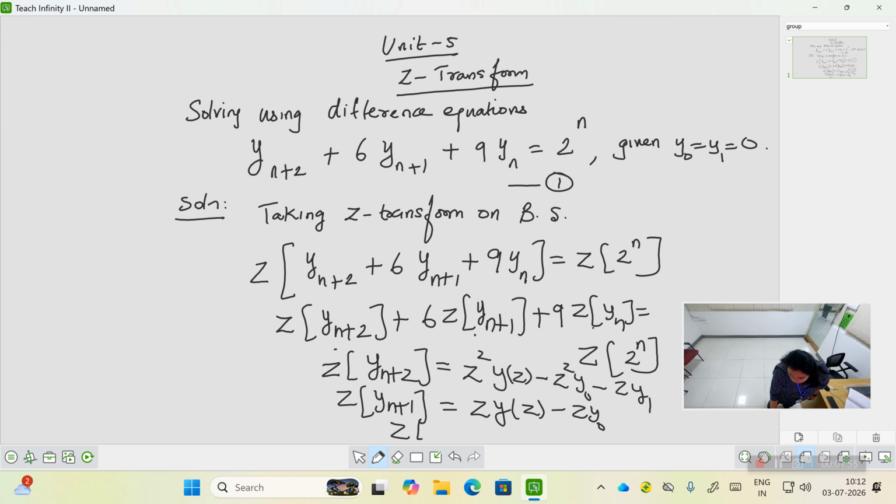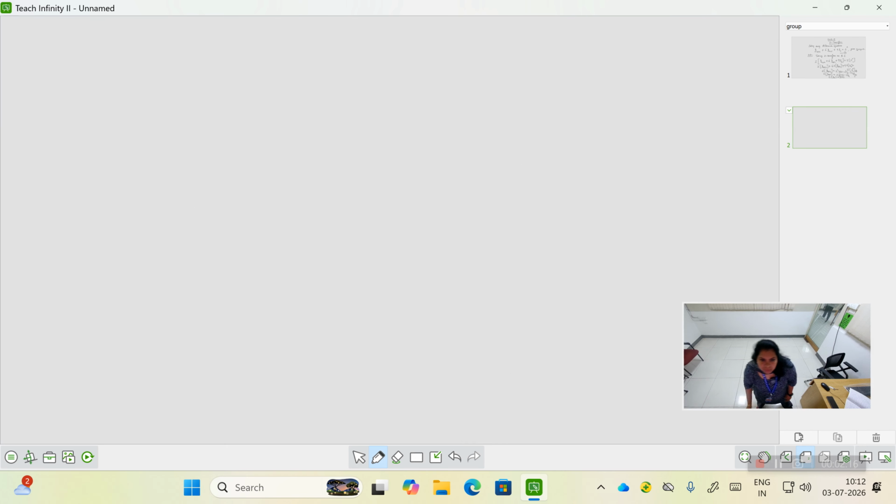Z of y(n) is Y(z). Take all these formulas as star. This is equation 2. Substitute star in equation 2.